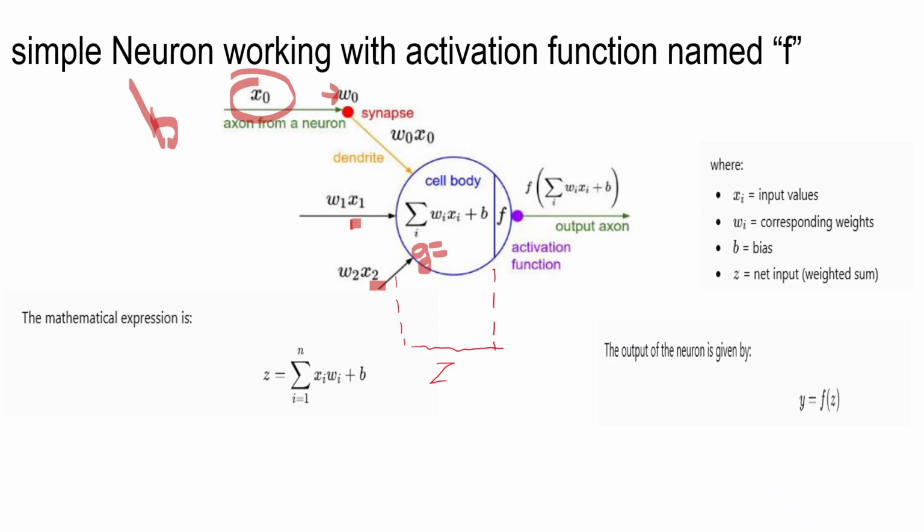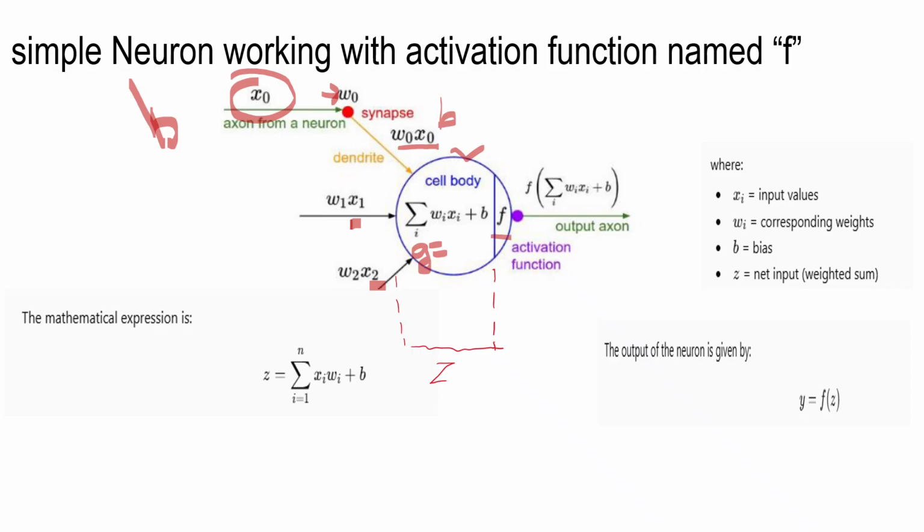What is the bias? x0 multiplied by the corresponding weight w0. This is calculated as the bias b. After calculating, this g will be the input for this neuron. So the summated input plus bias is called the input of this neuron, and the output of this neuron is f.